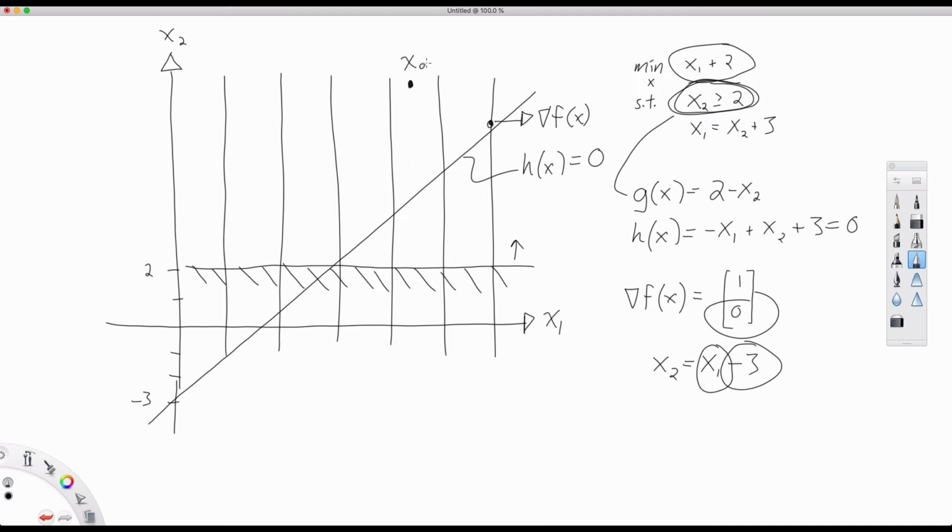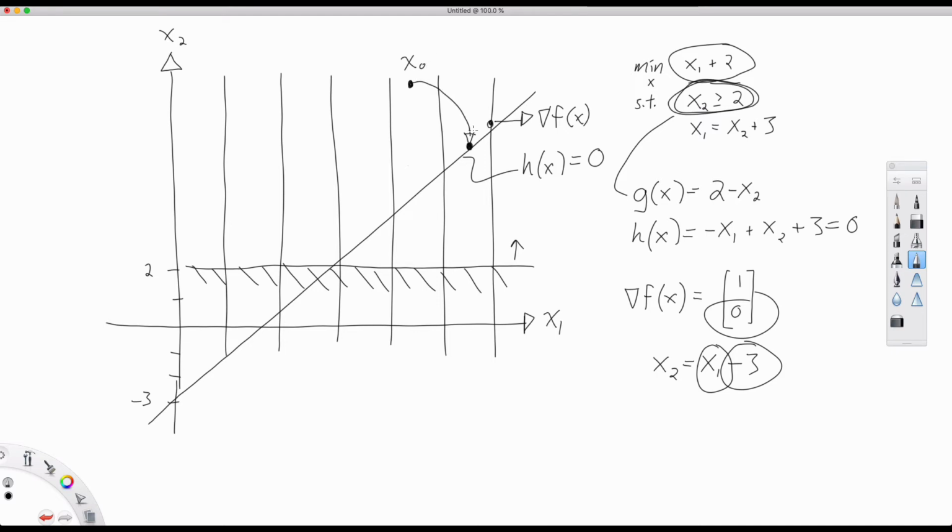Once we find a feasible point, then we can start to move in a downhill direction. This point that I drew, x0, is not feasible. We are not on the h of x equals 0 line. So in the section on constrained optimization, we're going to be learning some techniques that can help us in this sort of situation where we have violated a constraint and need to move toward a feasible point.